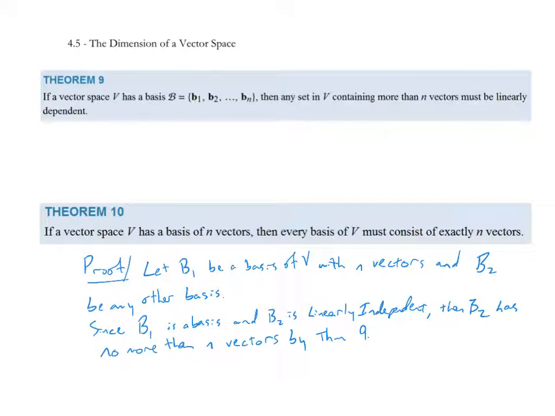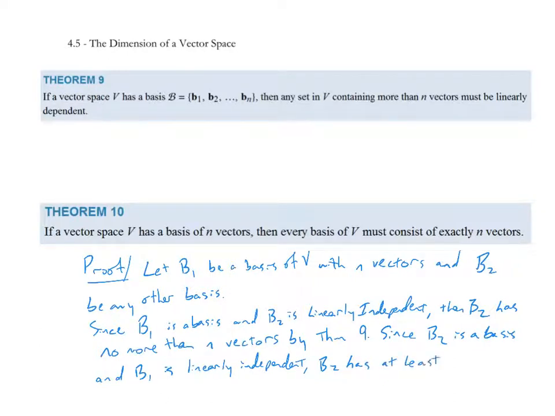All right, now the second prong to the argument. Since B2 is a basis and B1 is linearly independent, then B2 has at least n vectors.